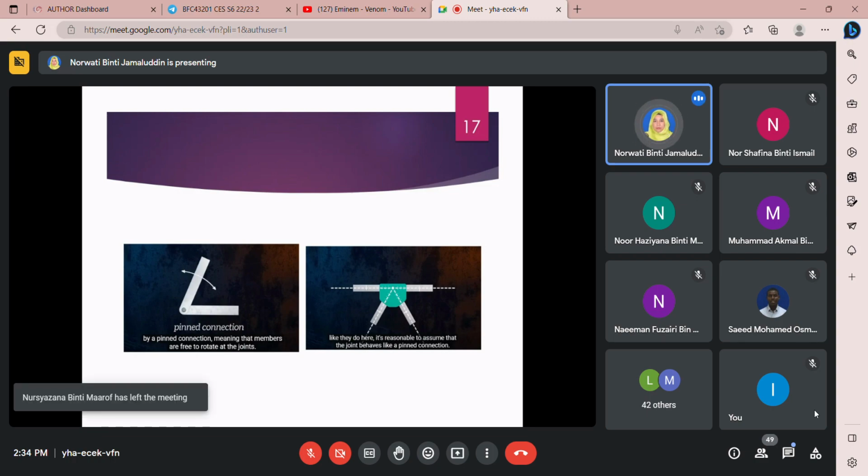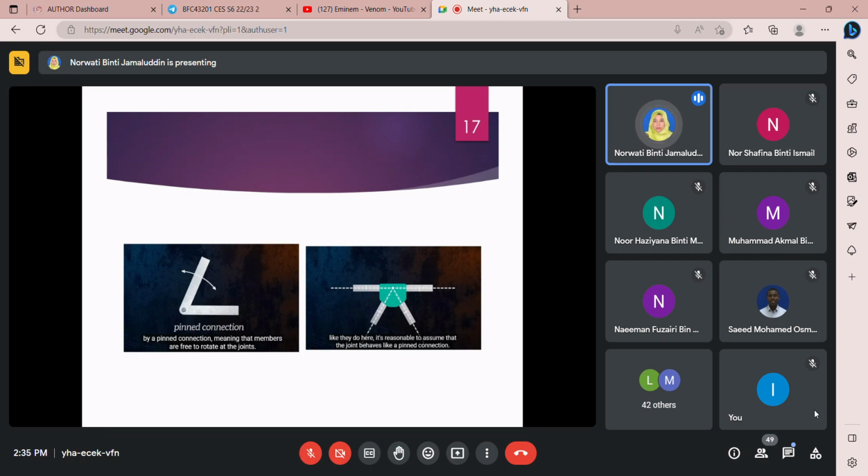But sometimes, because of the assembly process, you can have eccentricity. Eccentricity will create moment. It could be just a nominal or small moment, but it is quite difficult for you to ensure that the joints are really pin joints.